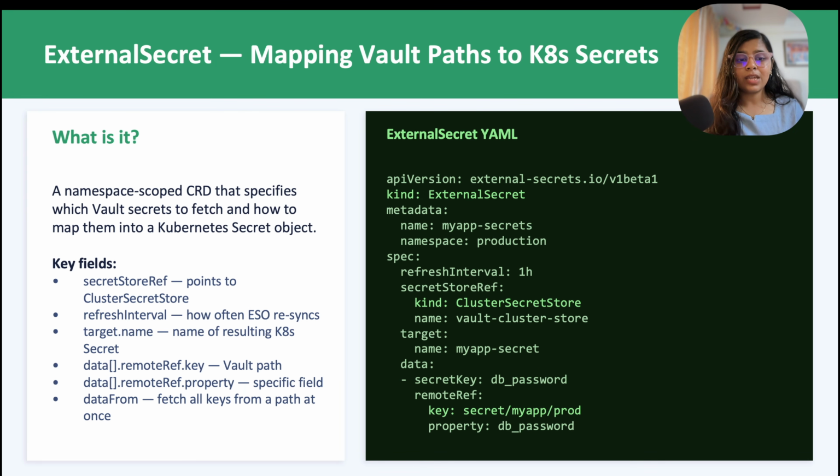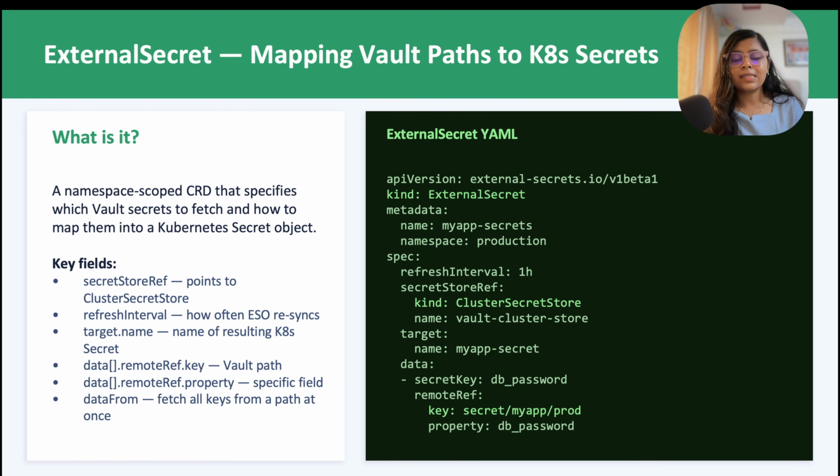Refresh interval is nothing but how often the ESO will sync. There might be some changes. If there is a change inside of the vault, to pull that same change inside of the external secret, we need to keep on checking. So how often should we check? After every 1 hour. That's what we mention inside of here, that is refresh interval.